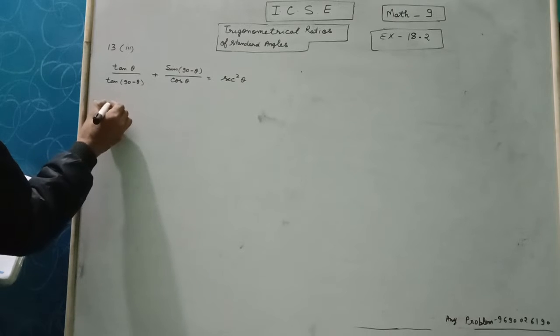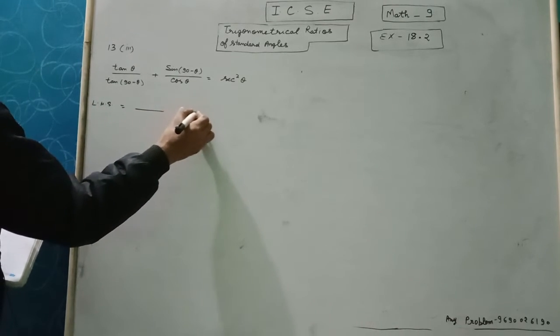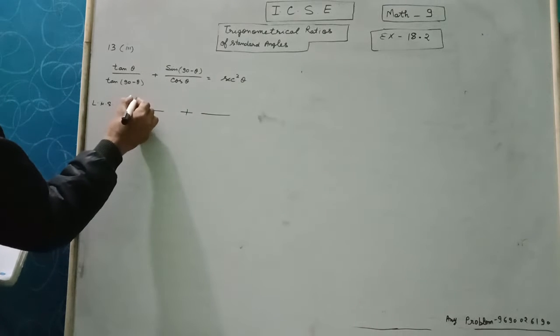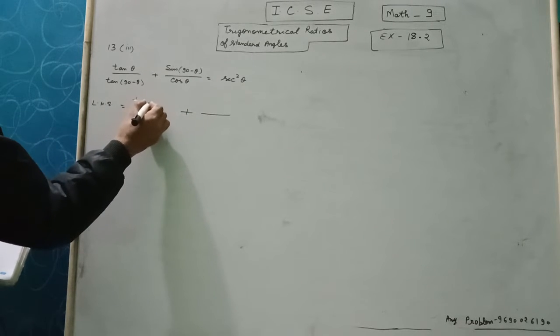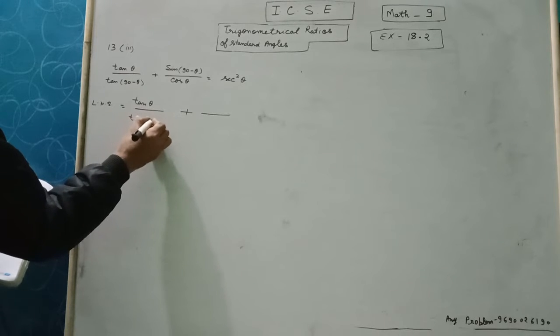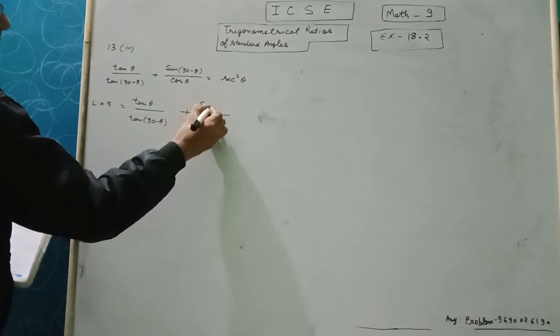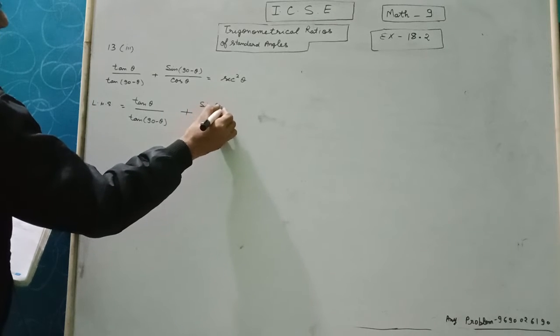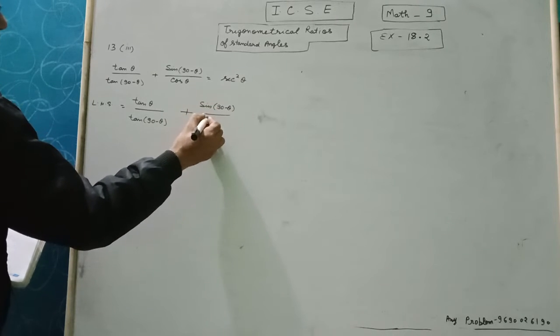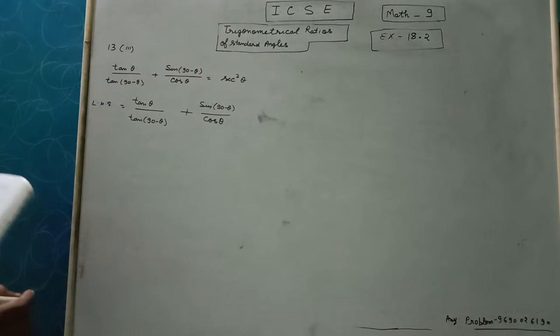LHS is tan theta upon tan(90 minus theta) plus sin(90 minus theta) upon cos theta. It is our left hand side.